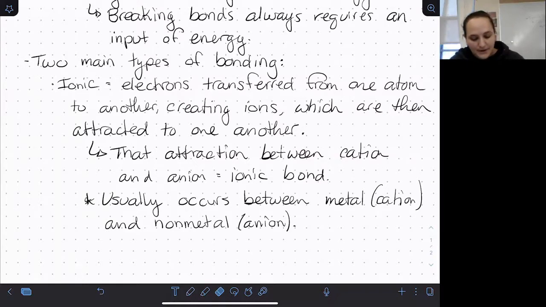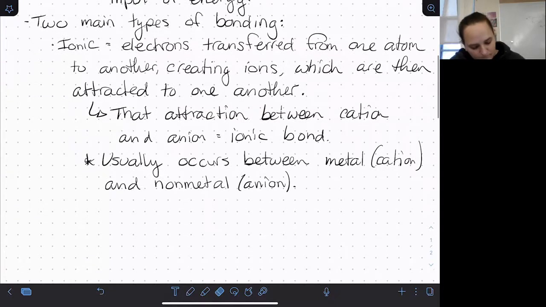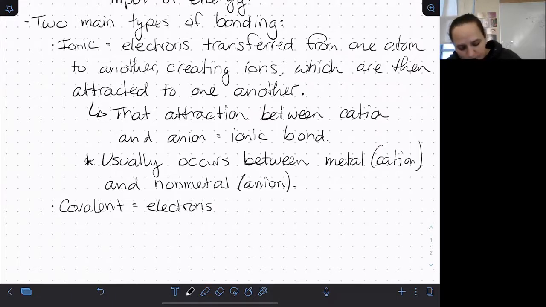The other type of bonding that we're really going to focus most of this unit on, though we will talk a little bit more about ionic, is covalent bonding. In covalent bonding, electrons are not completely transferred.